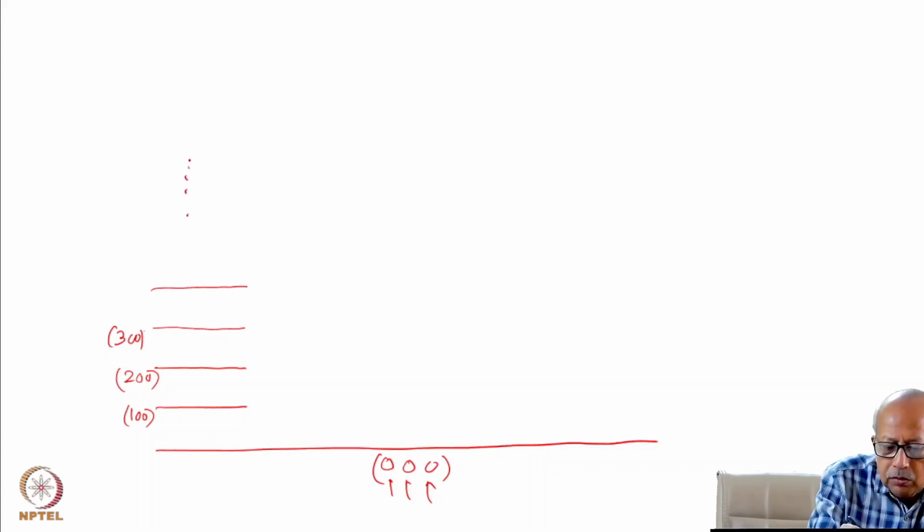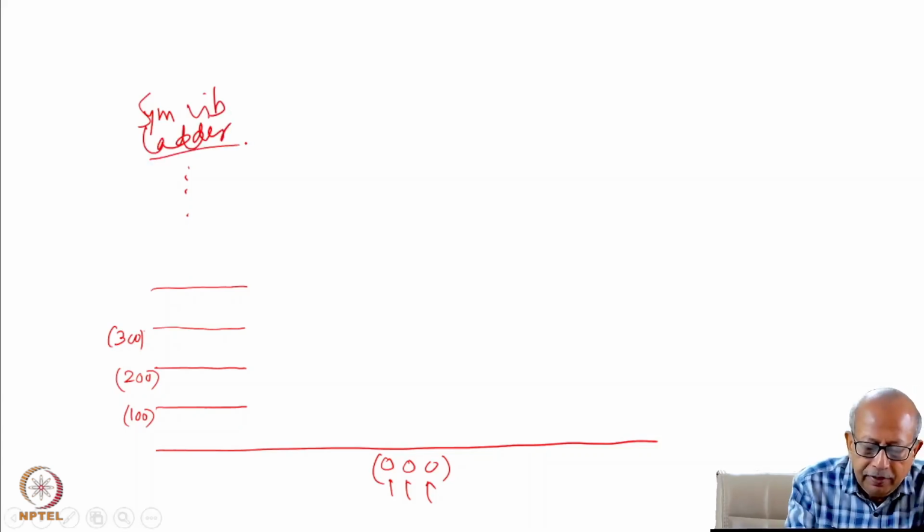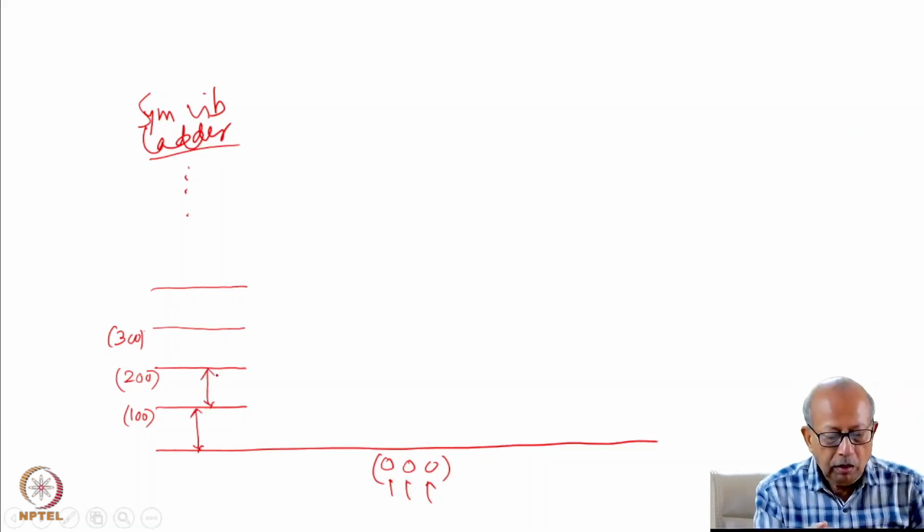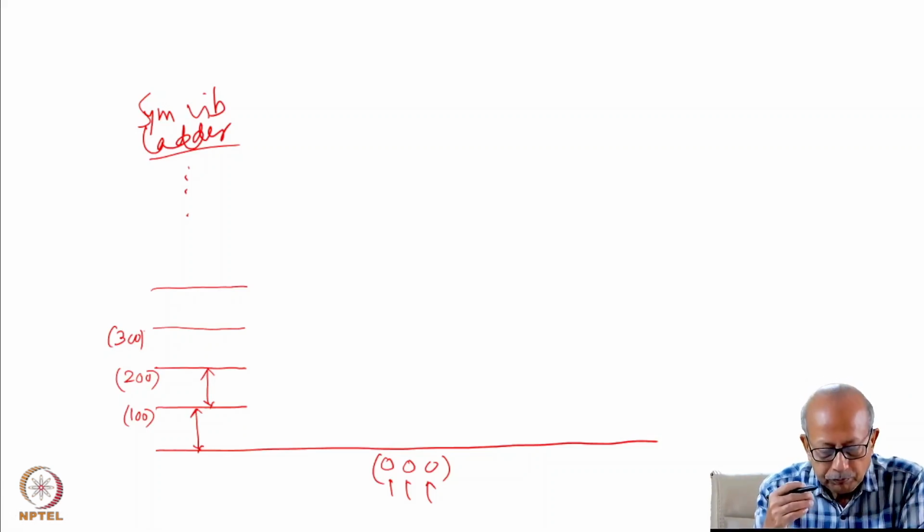So this we call the symmetric vibration ladder. We can call it a ladder because the step size is the same. These are vibrational energy levels.